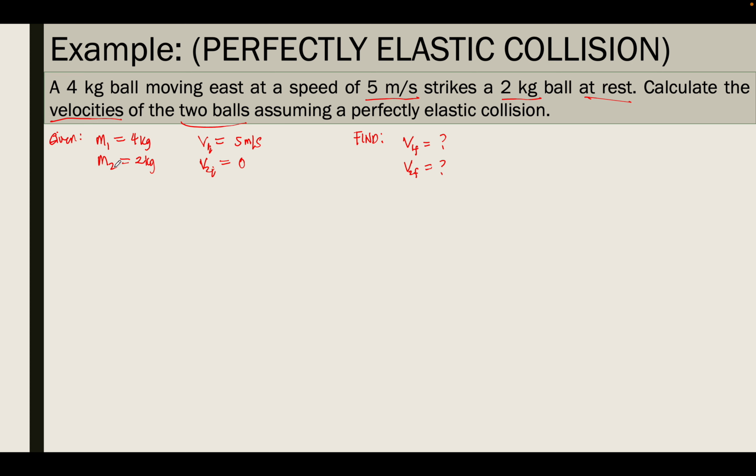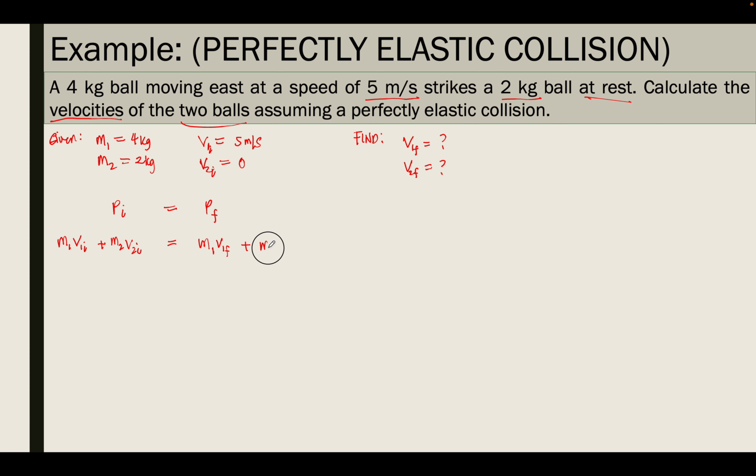Okay, using the conservation of momentum, the initial momentum must be equal to the final momentum. So we have m sub 1 times v1 initial plus m sub 2 times v2 initial must be equal to m sub 1 times v1 final plus m sub 2 times v2 final.